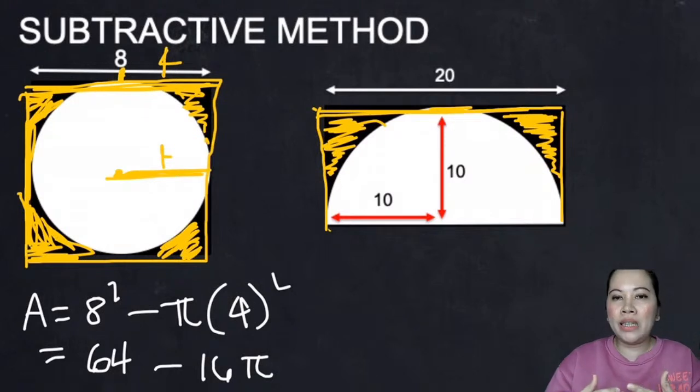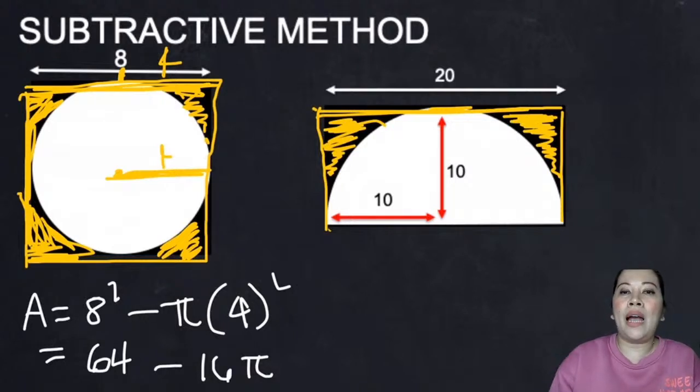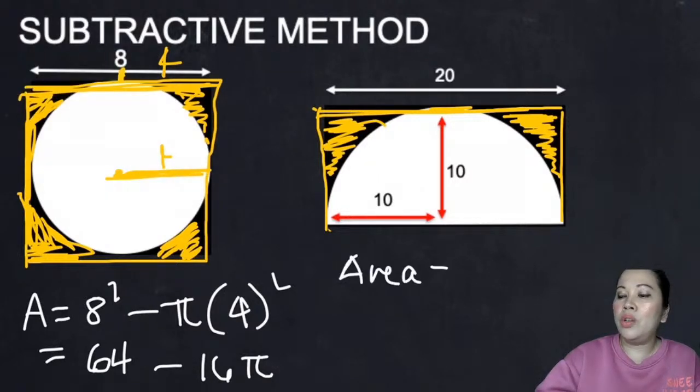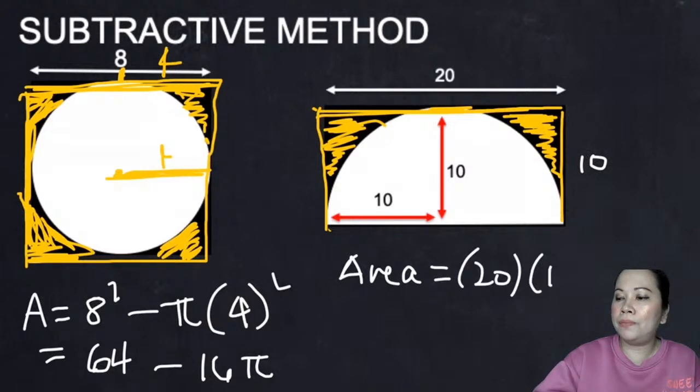If the diameter is 20, that means it's 10 by 20. You can do the whole area minus the small part. Or, if you notice, the radius is 10, therefore this part is also 10. So 20 times 10.